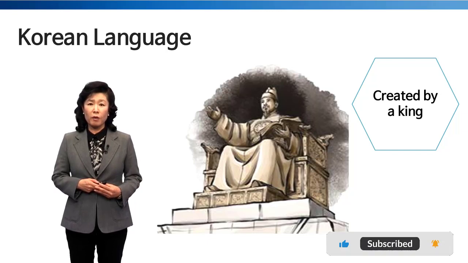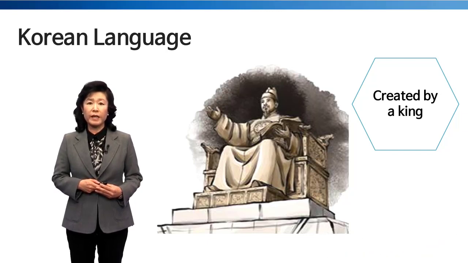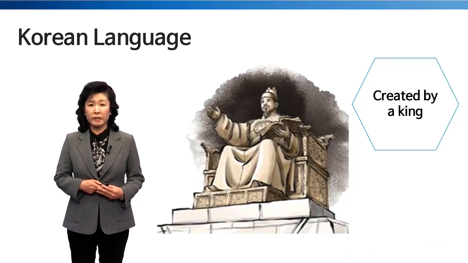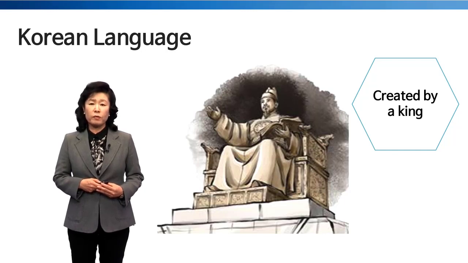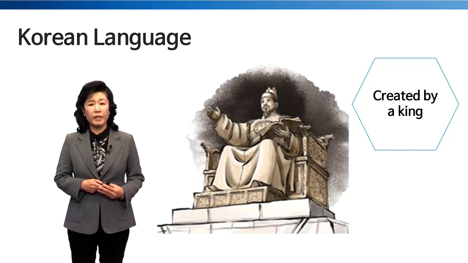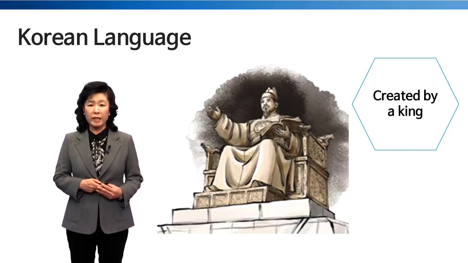You may already know, but Sejong the Great created the Korean alphabet Hangul. The original purpose was to devise a writing and reading system that would allow the common people to read and write the Korean language, as opposed to only the nobles, who at that time were the only ones educated in reading and writing Chinese characters.